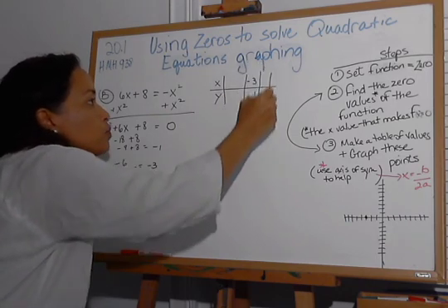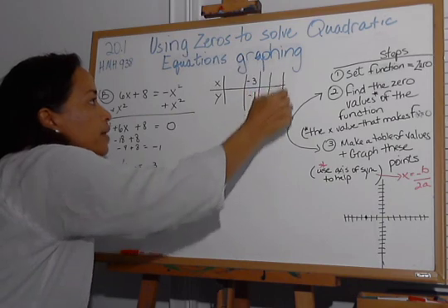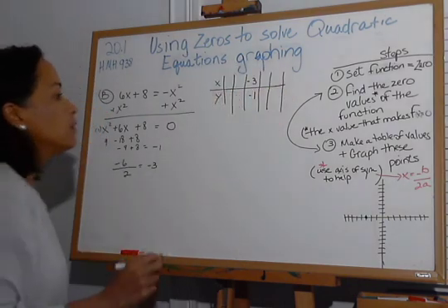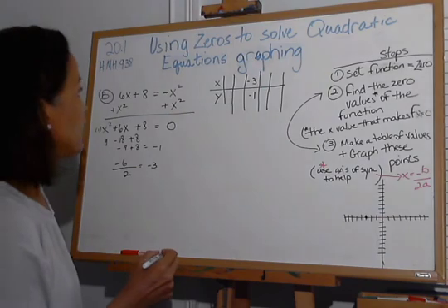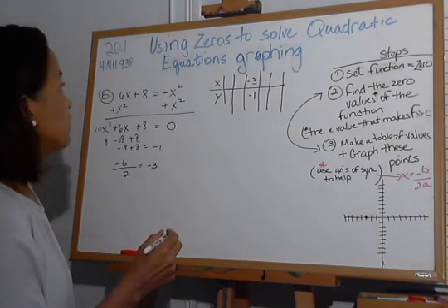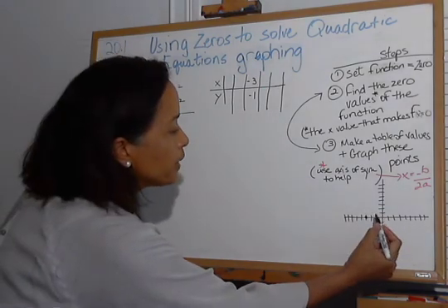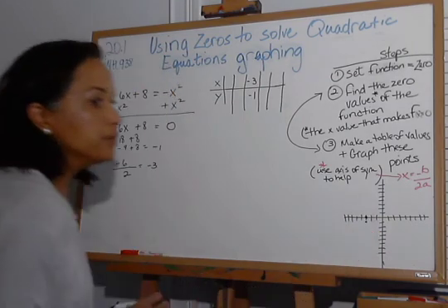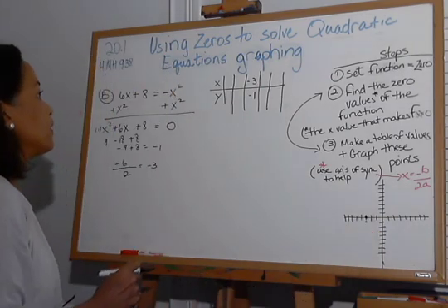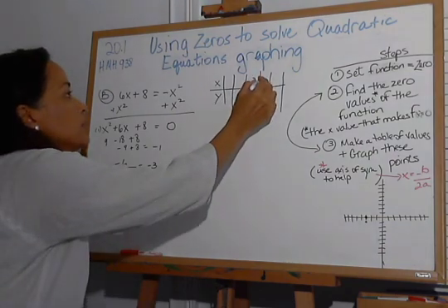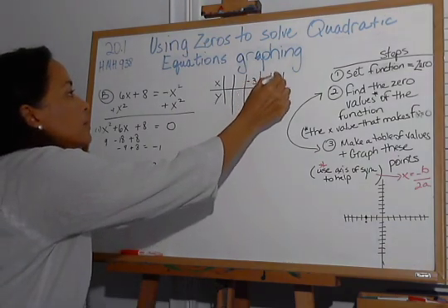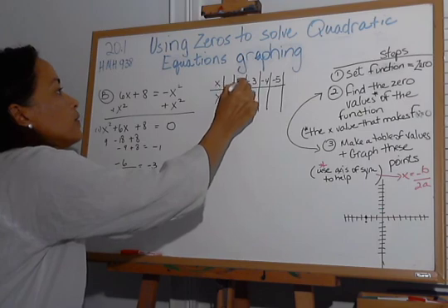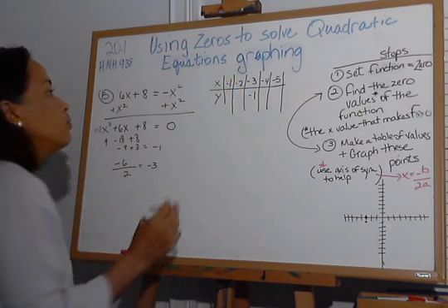And then I'm just going to do 2 points on either side of that. So when x is negative 3, y is negative 1. And then we're going to go to negative 4, negative 5, and here negative 2, negative 1.